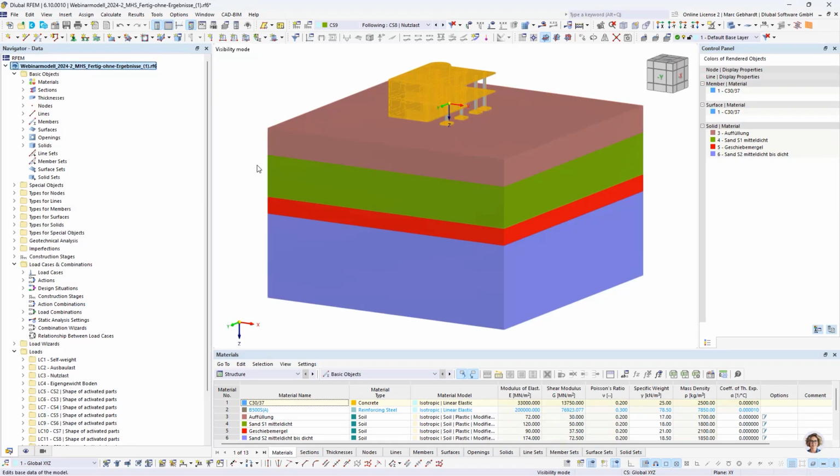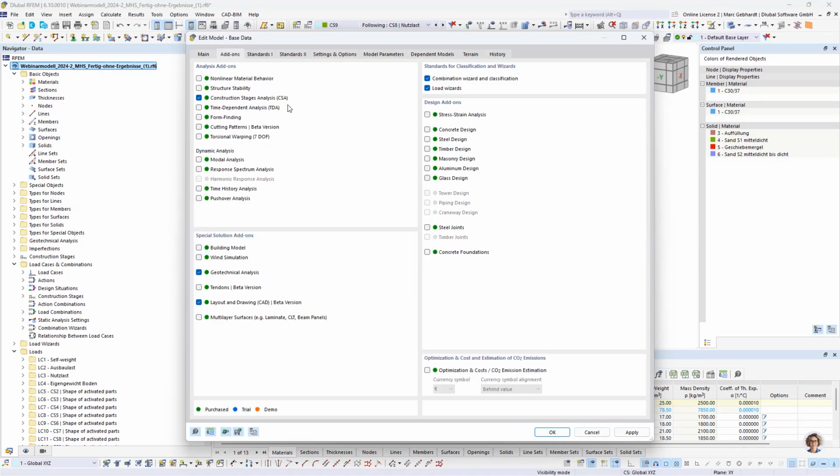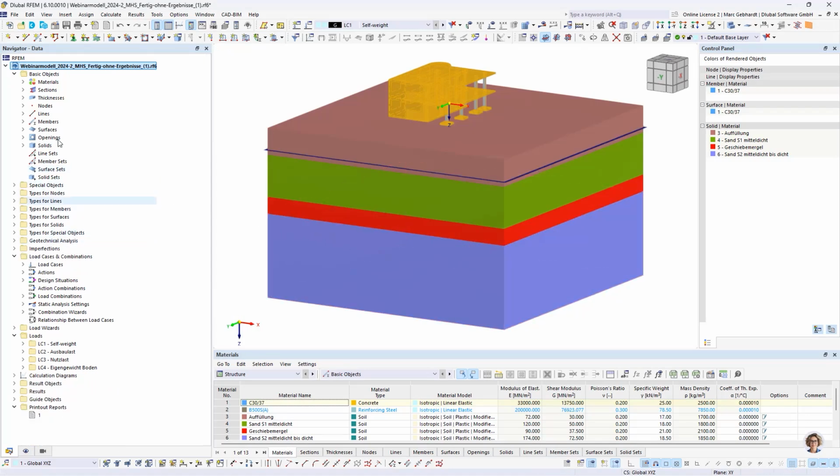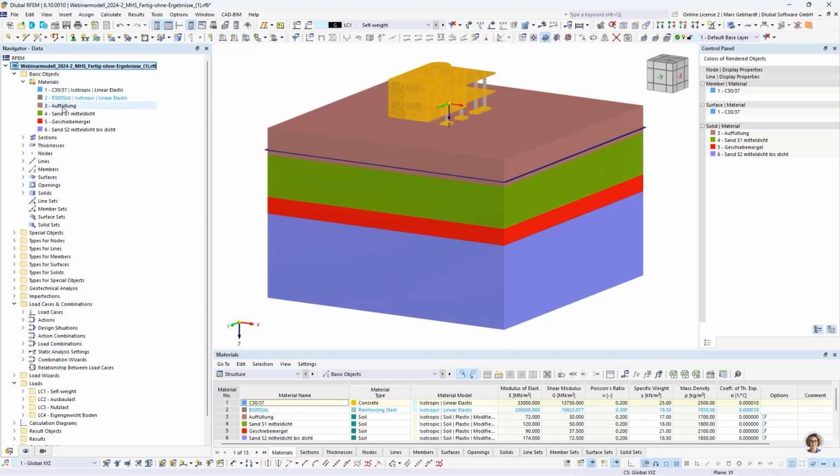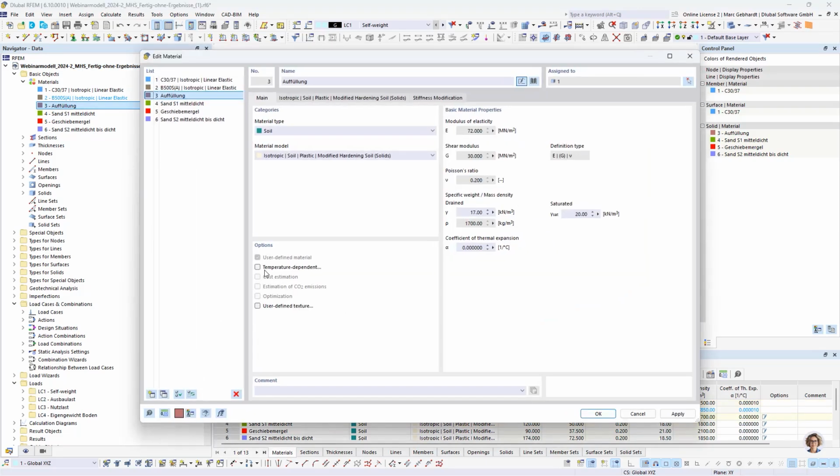Now we will change the base data. First of all, in the 2D Constraint Modulus method, we don't need construction stages anymore, so we can deactivate them, but we need the Geotechnical Analysis. Moving forward to the Geotechnical Analysis, we see there are already materials defined.